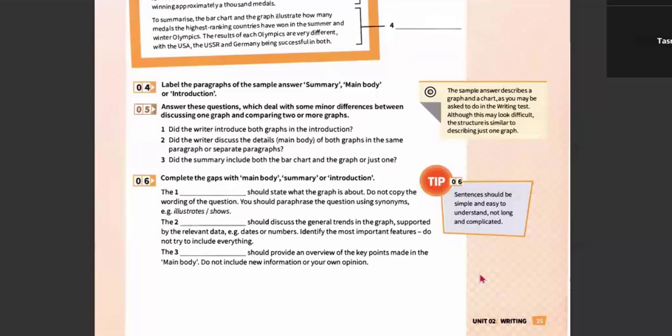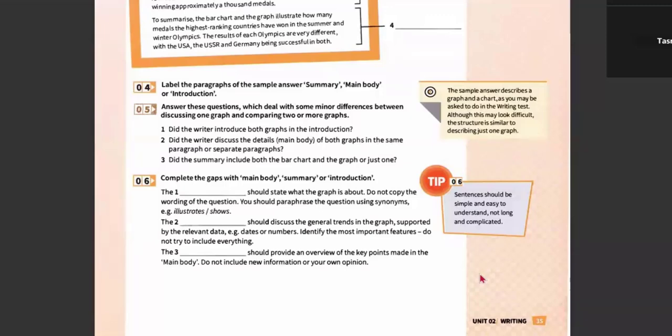So for number one, read the whole sentence with the filled in gap. The introduction should state what the graph is about. Do not copy the wording of the question. You should paraphrase the question using synonyms like illustrates or shows.